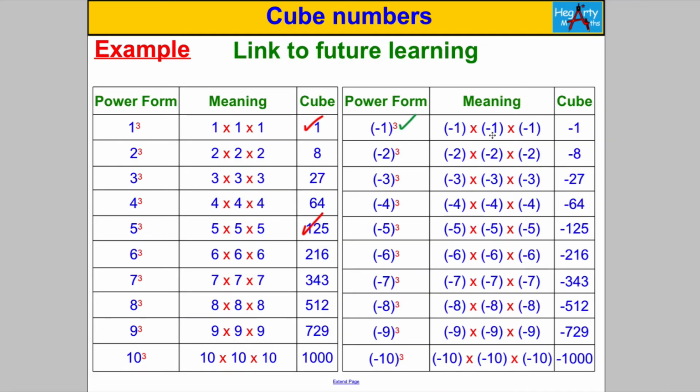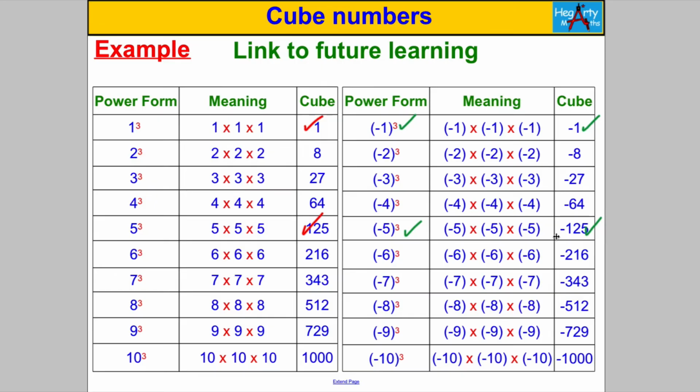Negative 1 times negative 1 is positive 1, times negative 1, a positive multiplied by a negative, gives you negative 1. Negative 5 cubed means negative 5 multiplied by negative 5, which is positive 25, multiplied by another negative 5 would be negative 125. So what am I trying to get you to spot here?